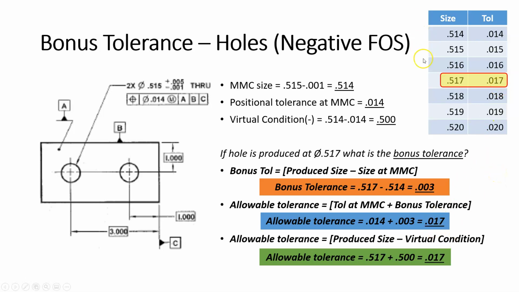So there are a few ways to calculate this, and you just have to get comfortable with using one way, whichever way you have the most confidence in to make these calculations.